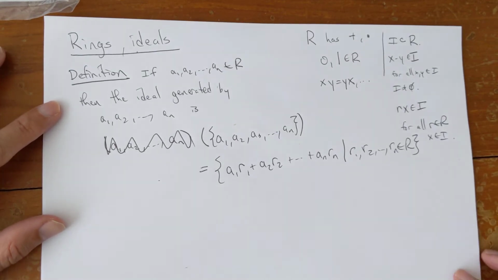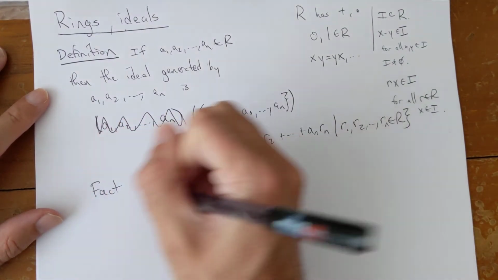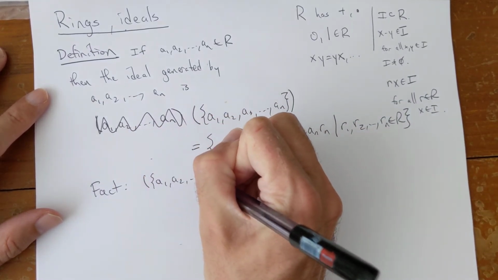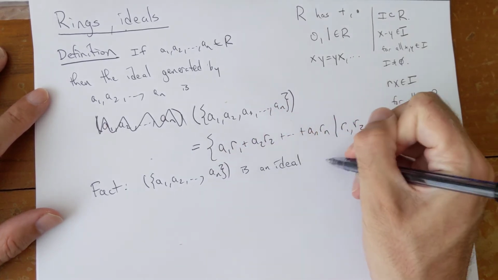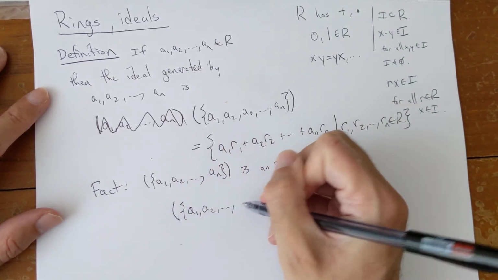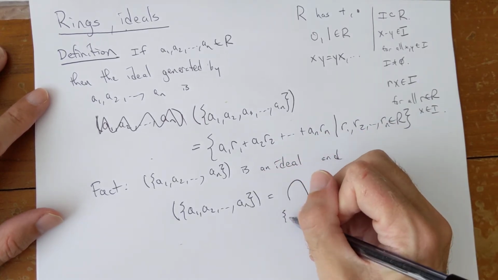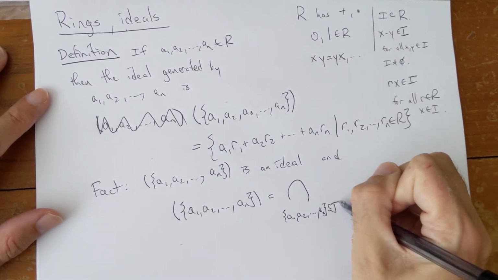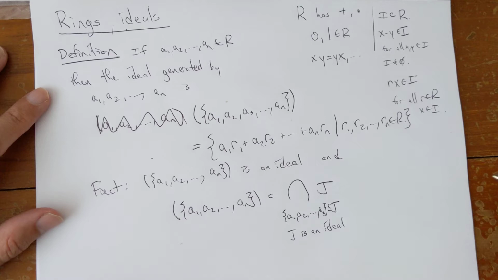Okay. And then we have a fact which we won't prove. This is an ideal, and it's equal to the intersection of all the ideals J which contain all the ai's.